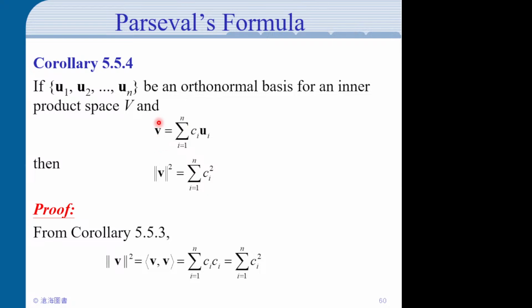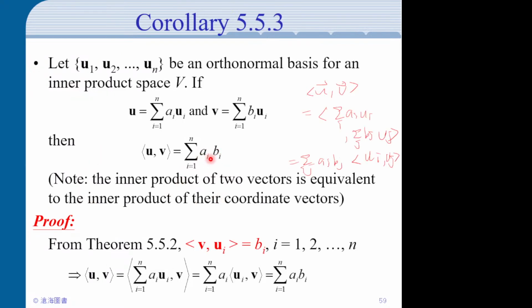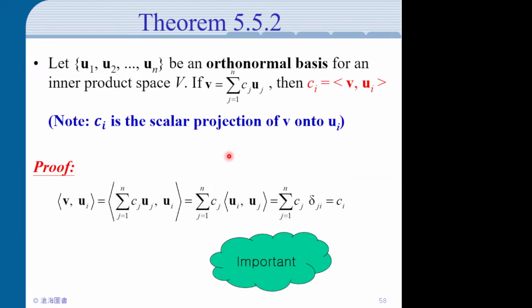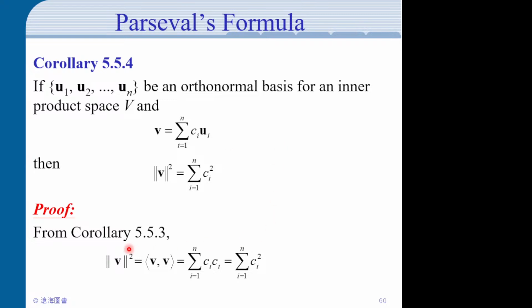If you have a vector written in coordinates of your orthonormal basis, then the length squared of your vector is just the sum of the squares of the coordinates. That's basically this with A equal to B. The norm squared is the inner product with yourself, so the sum of Ci squared. Any question?